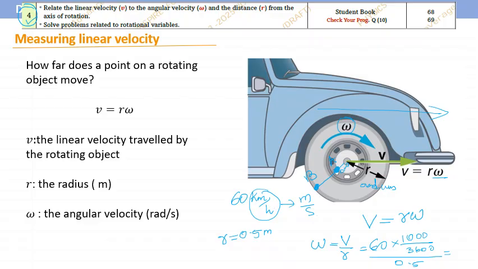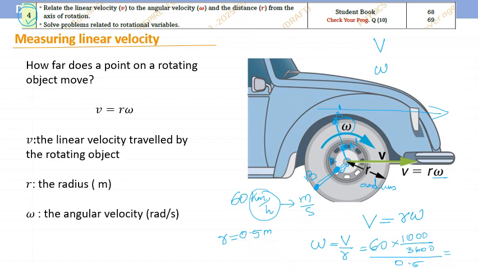Think of the car tire rotating. After some time, this particular radius has reached over here, which means point A is now at A dash, and point B will be right over here, B dash. Suppose I am looking at two quantities, one is v and another one is omega.